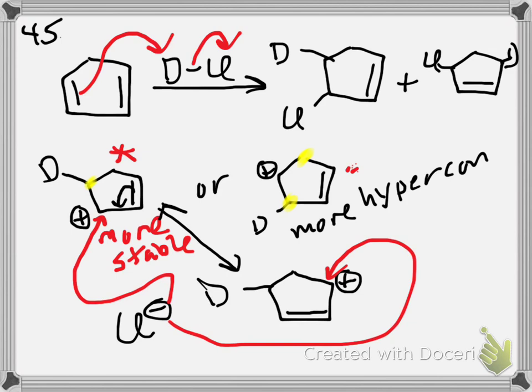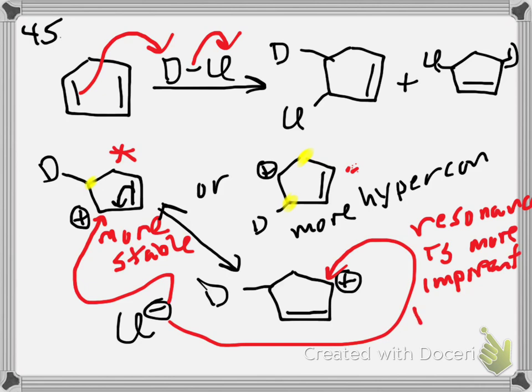So remember, resonance usually is the most important effect. So resonance is more important than hyperconjugation.